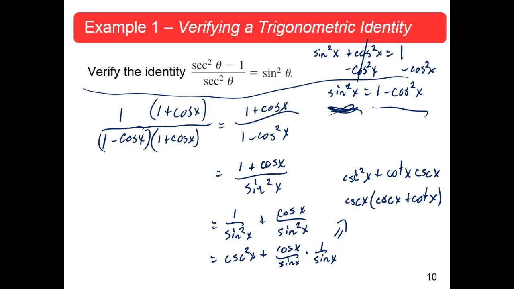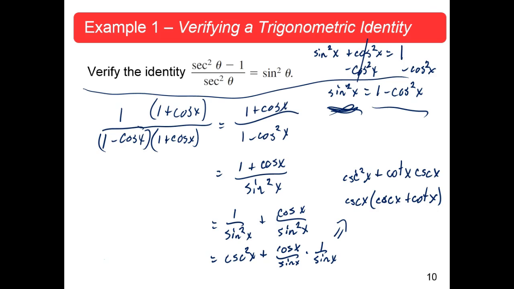So you go from having a simple looking thing here, but it has a denominator. And if you want no denominators, you go to something that's not that complicated looking, but at least it has no denominators. Okay?